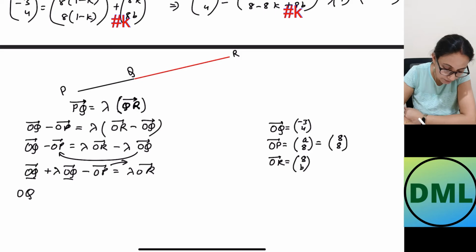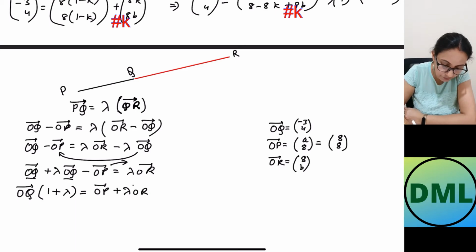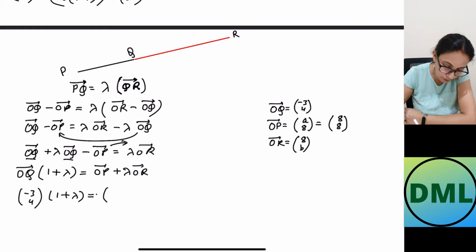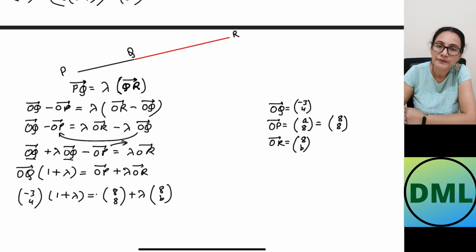So OQ vector bracket, you are left with 1 plus lambda is equal to OP plus lambda times OR vector. Let's substitute the values here. OQ vector is minus 3, 4, bracket of 1 plus lambda is equal to OP vector. OP vector is 8, 8 plus lambda times OR vector. OR vector is 8, B vector.